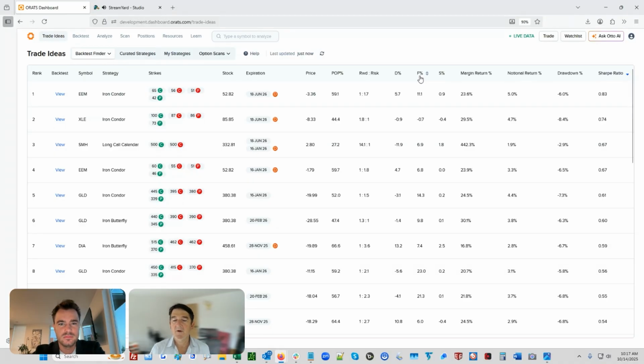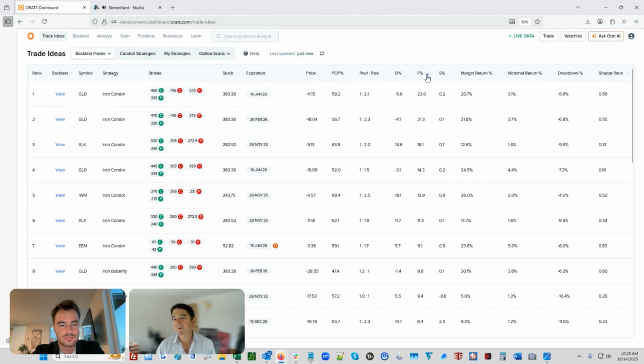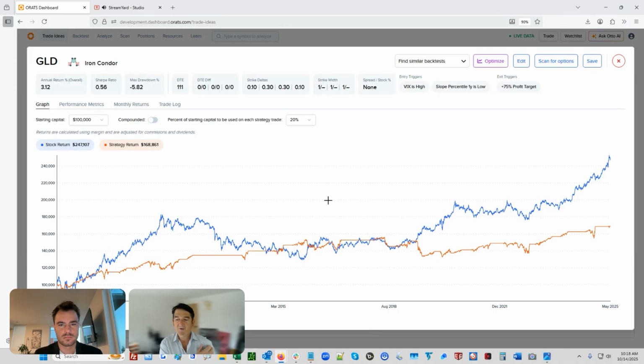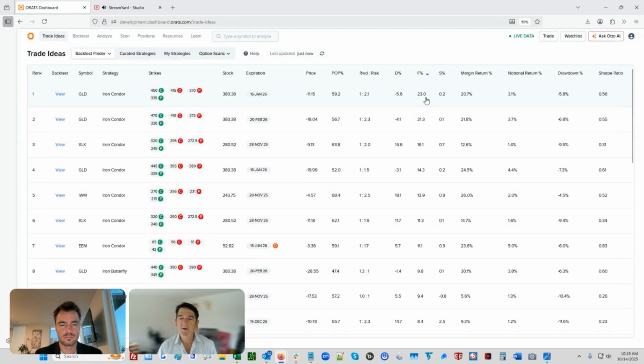It's not going to solve all your problems, but it is one helpful thing. What you want to do is look at the backtest, look at the theoretical values, and see if you agree with those. The one that has the most edge right now is gold. So you could look at the Iron Condor, how it's done, and the rules for it. And is this a good time?